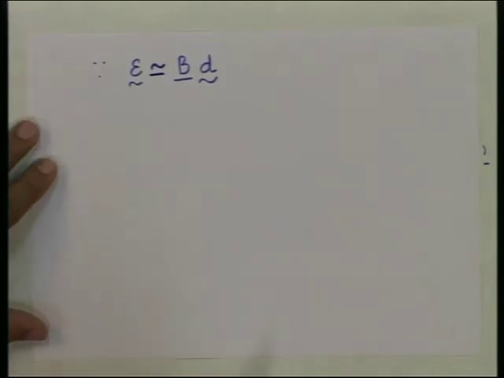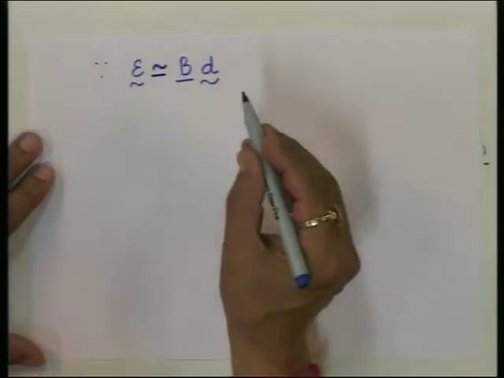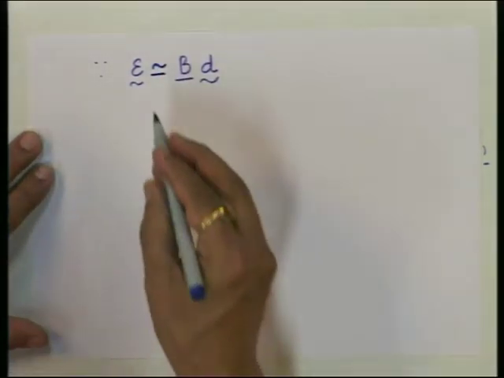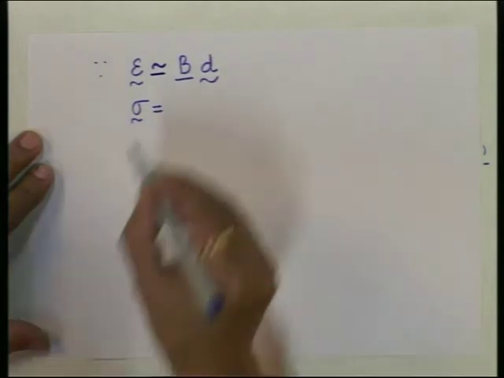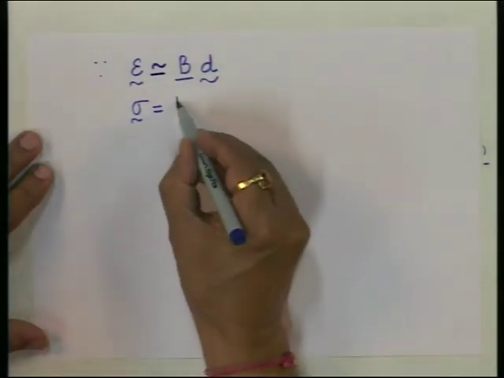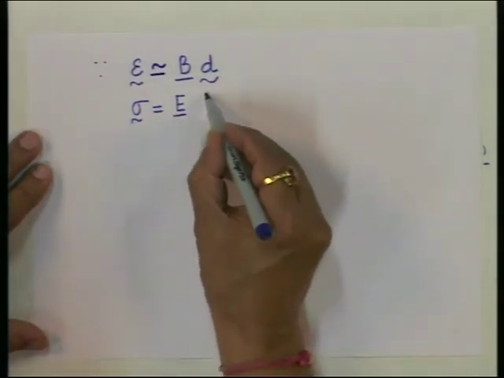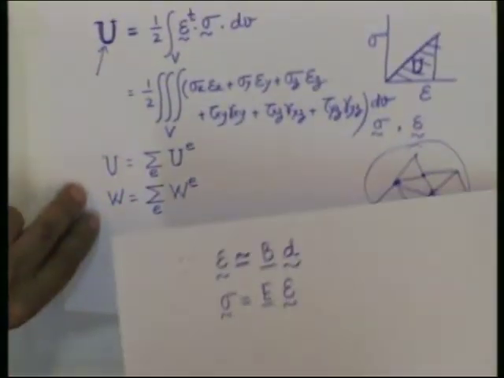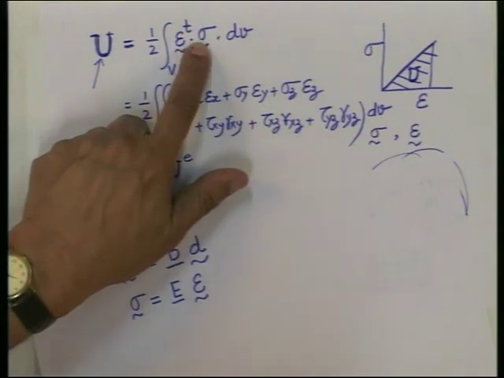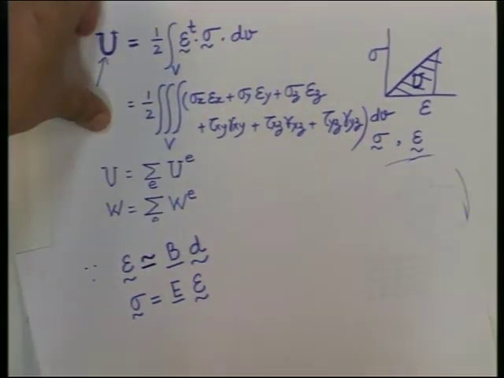Once you have discretized, it means it is approximate, not exact. So, strain is like this. Then we have also found that there is a relationship between stress and strain, here this is exact, sigma equal to E times strain, this also we have established earlier. I think so far we need only these two, because strain energy involves strain and sigma. So, let us not worry about anything else.